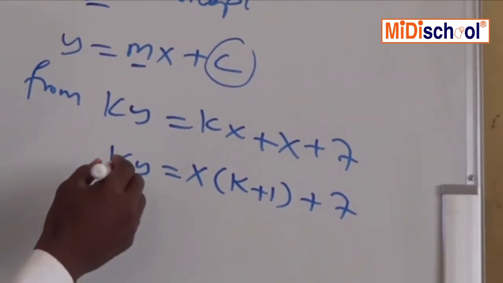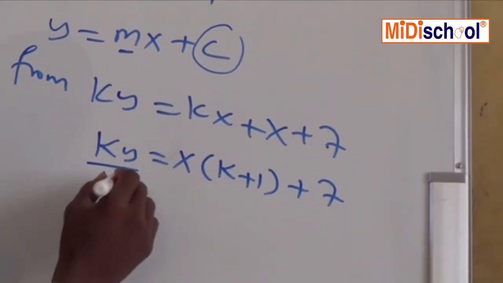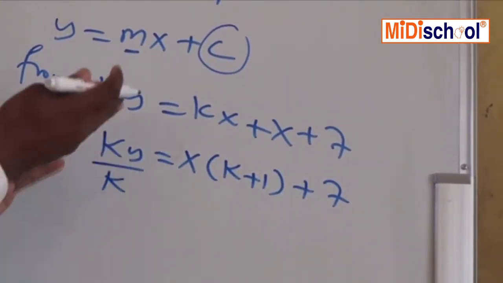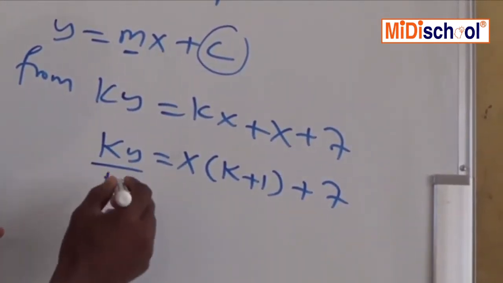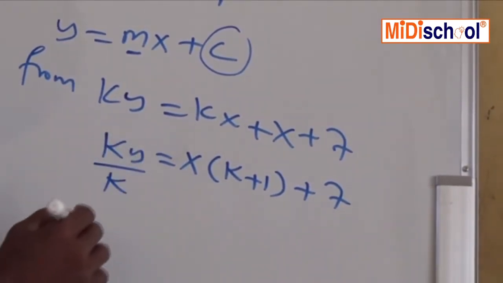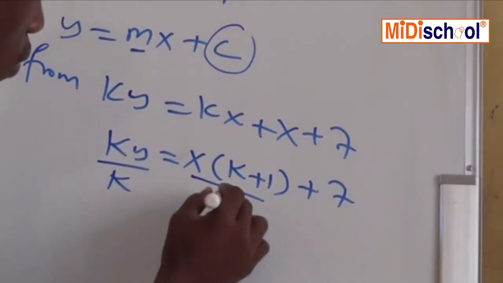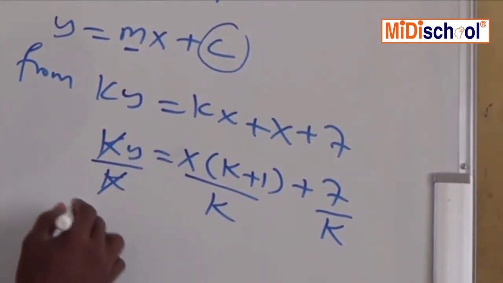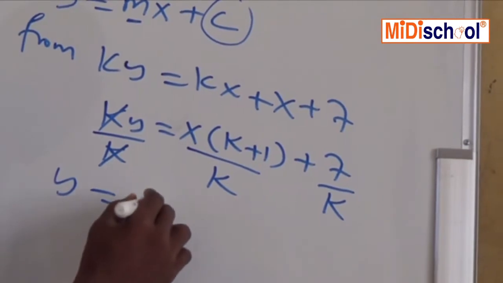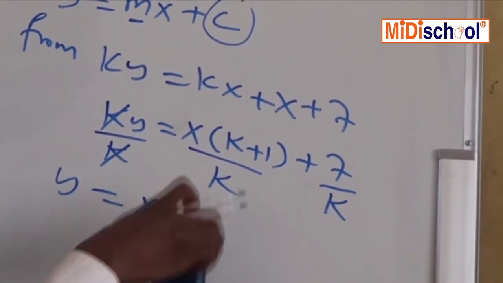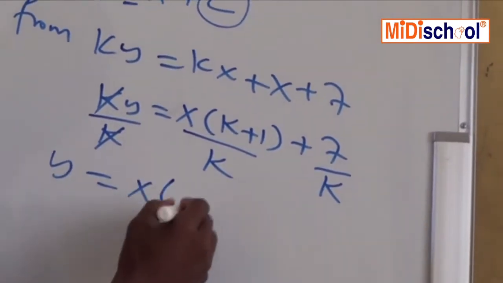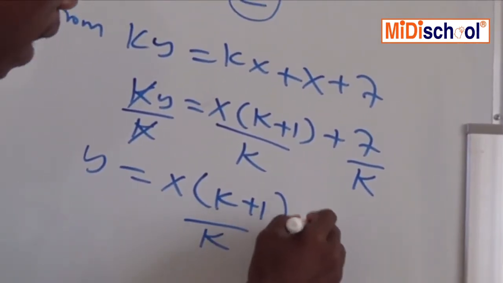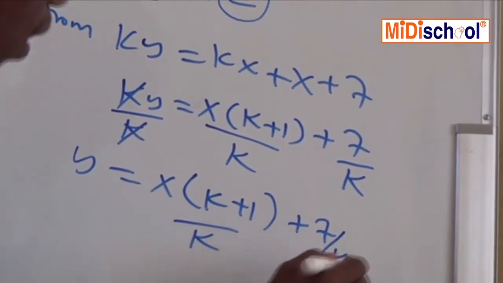After that, I'm going to divide by k in every term, so divide k here, divide k here, and divide k here. So I'm going to remain with y is equal to x, k plus 1 over k, plus 7 over k.